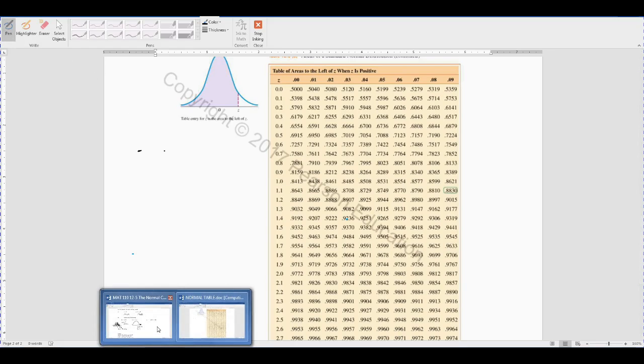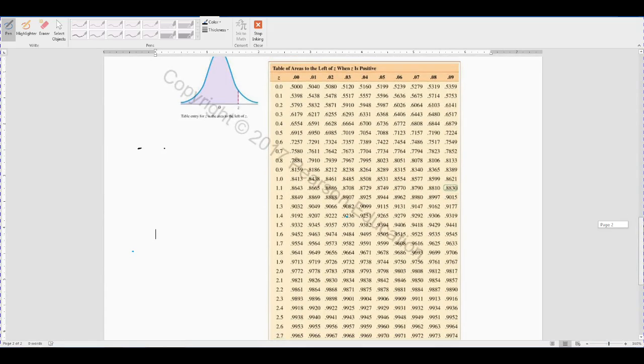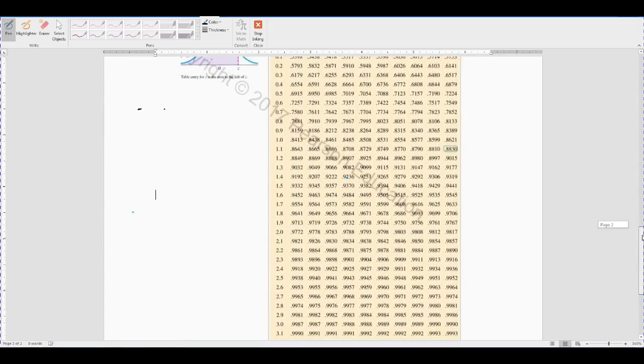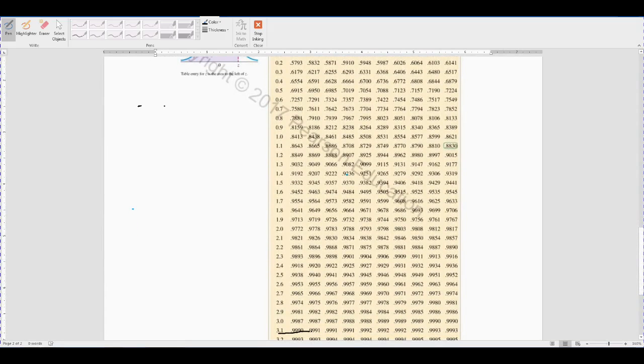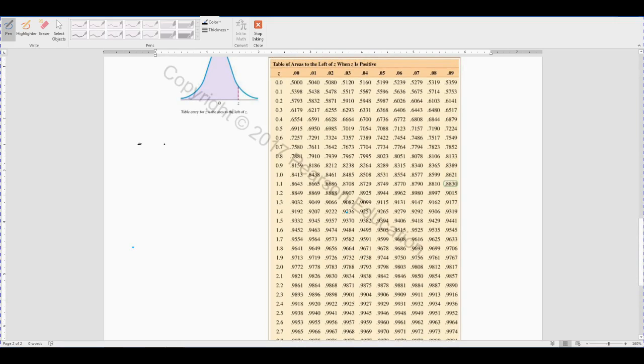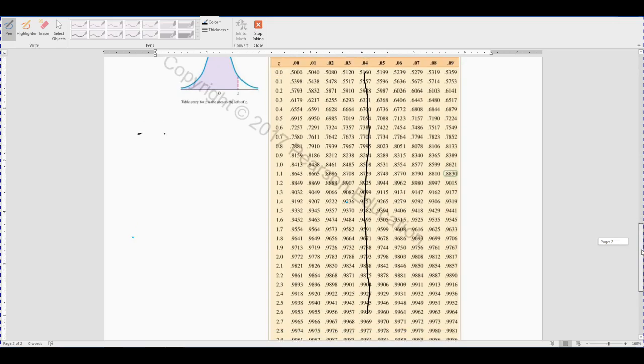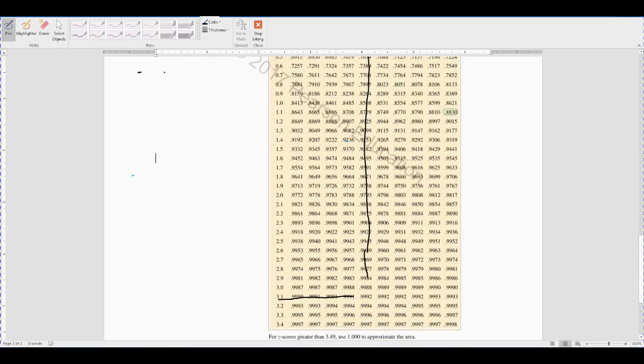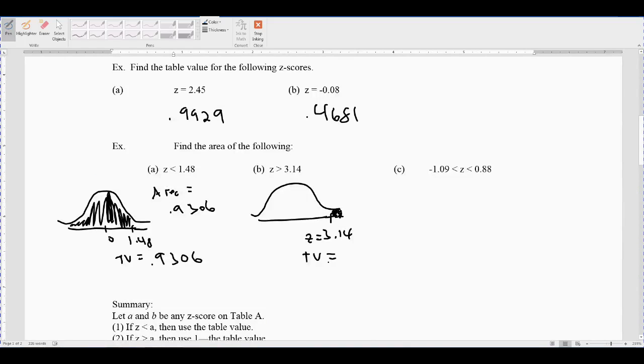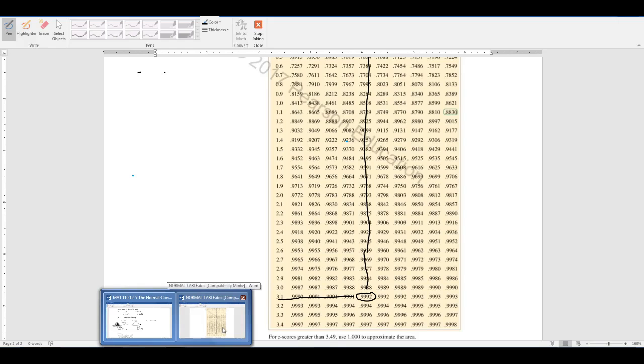So once again, we're looking for 3.14. There's 3.1, and here's the 4, and they're converging at 0.9992.